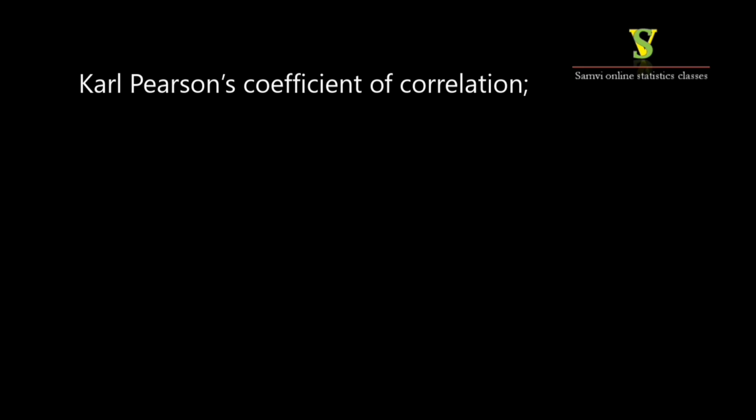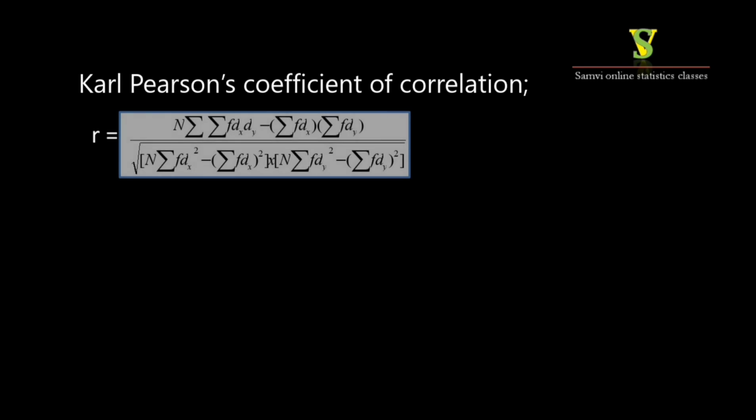So Karl-Pearson's coefficient of correlation, the formula is r equal to n summation of f dx dy minus summation of f dx into summation of f dy, divided by square root of n summation of f dx square minus summation f dx whole bracket square, into n summation of f dy square minus summation of f dy whole bracket square.